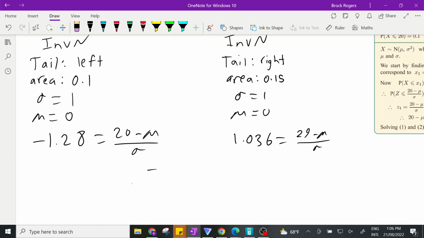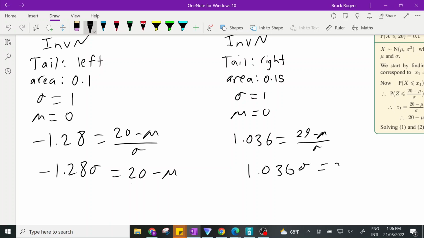So let's try to do that. So if we times by the standard deviation, and then we can rearrange to have the mean out the front.